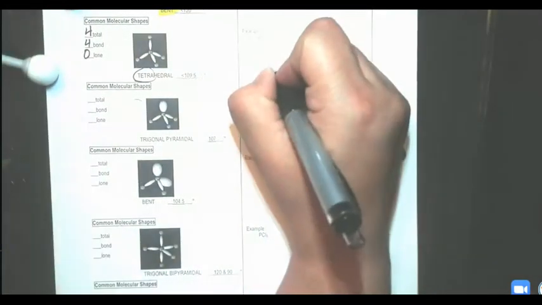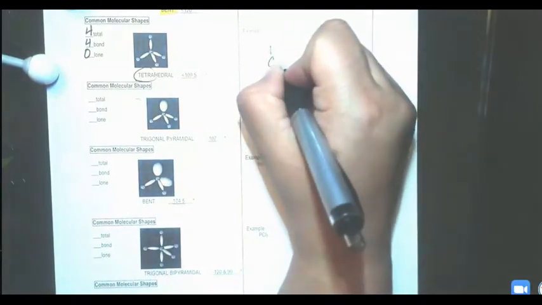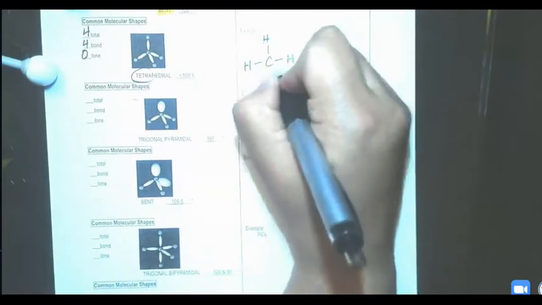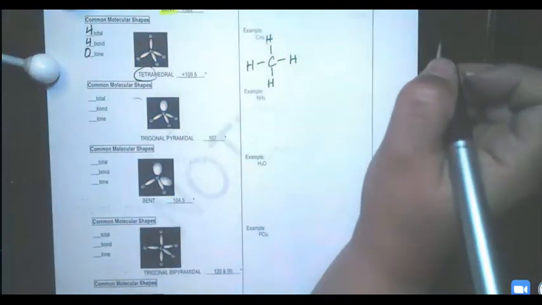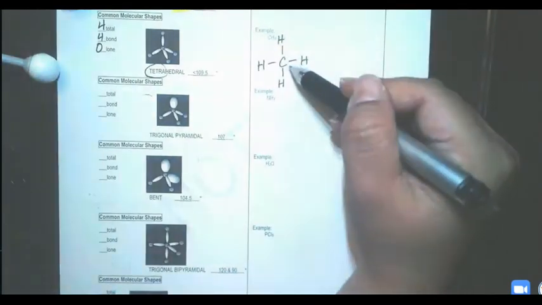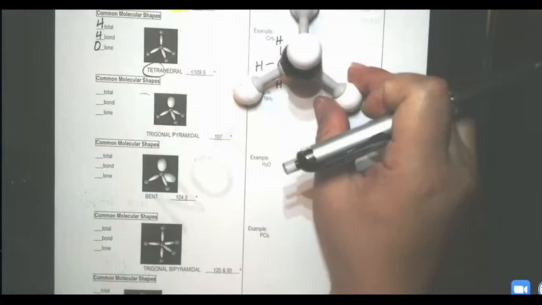So what does that look like? So far, we've been drawing CH4 like this. But that's not true because it has a bond angle of a little less than 109.5, and that makes it 3-dimensional.